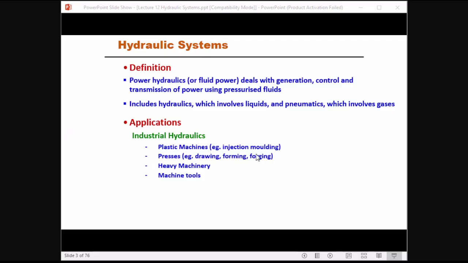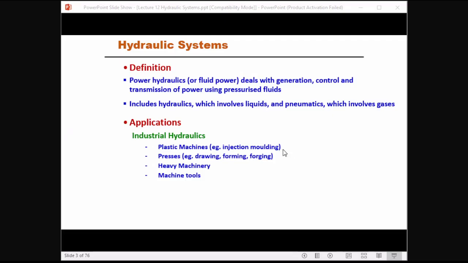Plastic machines means injection molding machines. Using this machine, you can create molds. You can see this type of machine in the plastic box manufacturing industry and pen manufacturing industry. Likewise, industries use injection molding machines.